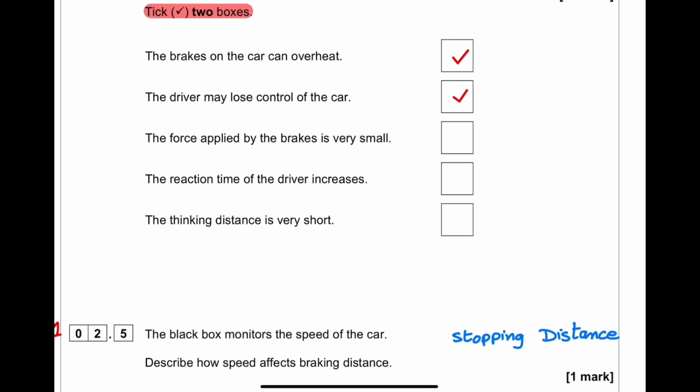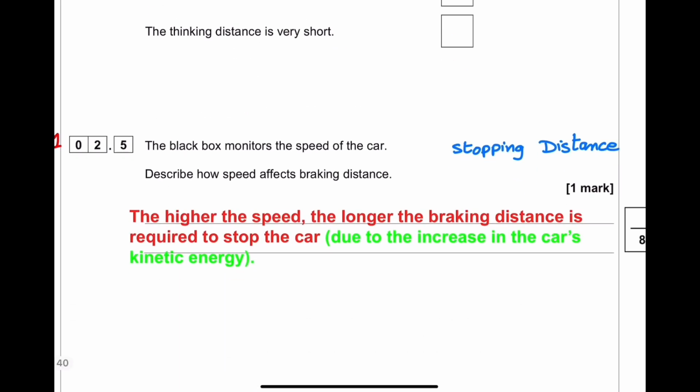It means the car needs a longer distance to get stopped due to high kinetic energy. The higher the speed, the longer the braking distance required by the car to get stopped. The reason behind it is that it has high kinetic energy, therefore it needs a longer distance to get stopped.